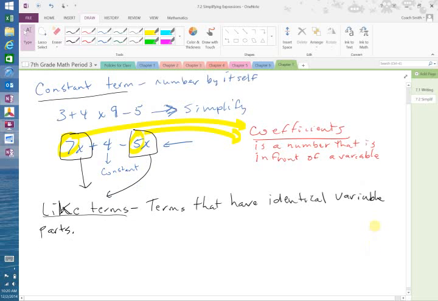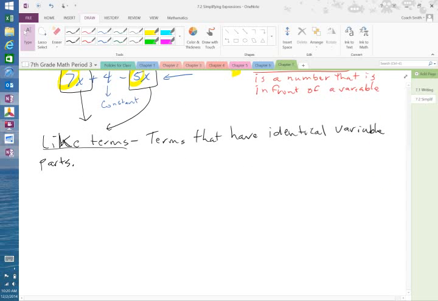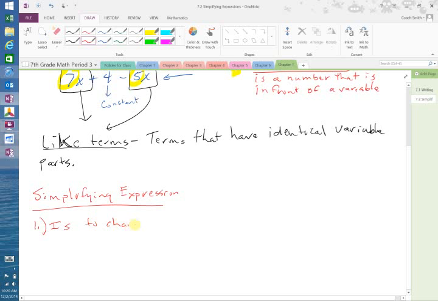All right, now, step 1 in simplifying expressions. Step 1 is to change all subtraction to addition.